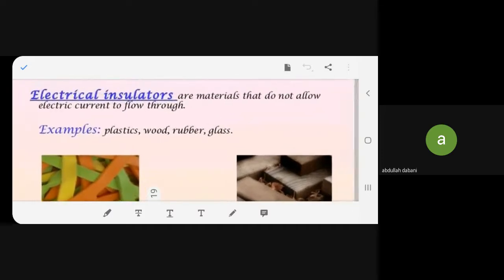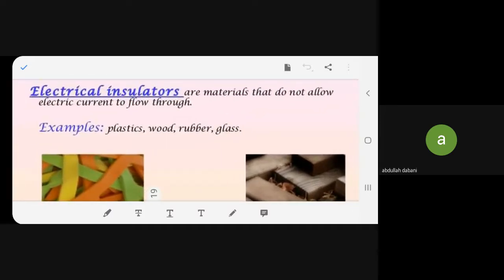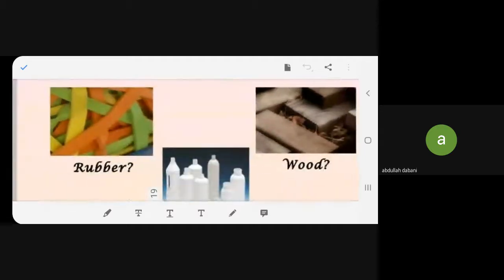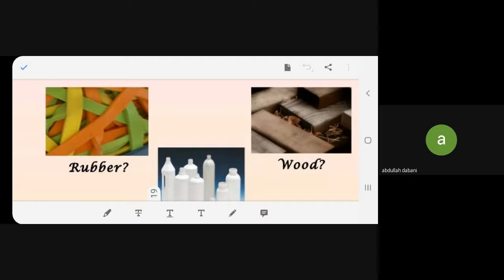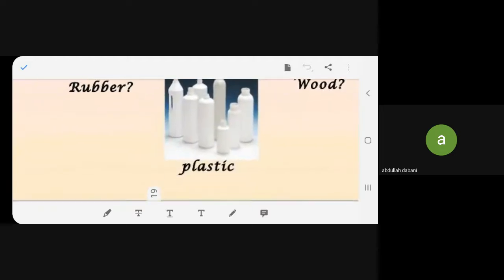Electrical insulators or bad conductors of electricity do not allow electric current to flow through, or if at all it is flowing, it's very little. Examples you already know: plastic, wood, rubber, and glass. You can see over here, this is rubber, this is wood, and these are plastics. So through these articles, the electricity does not flow.